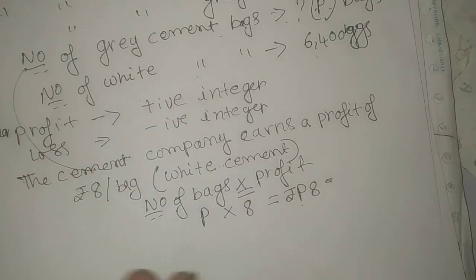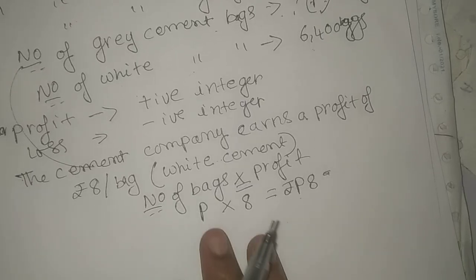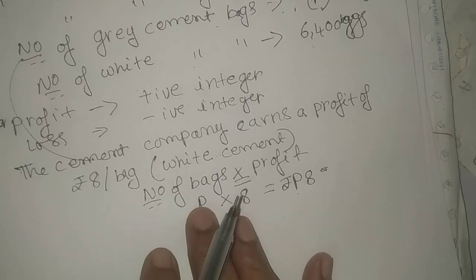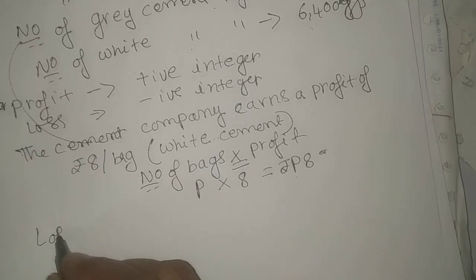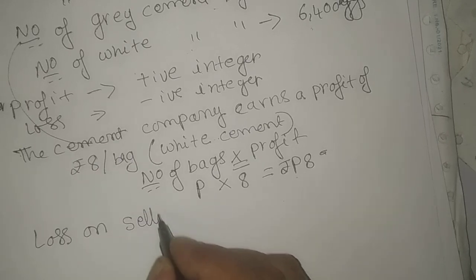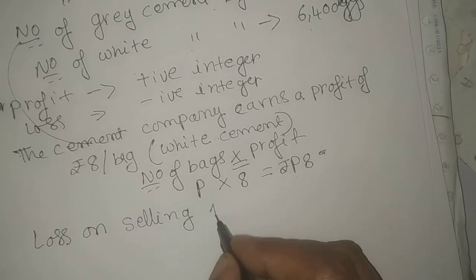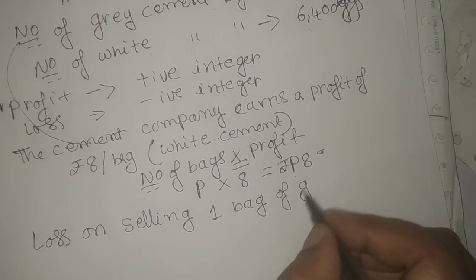So the loss in selling the bag we have written for the grey cement. So now we'll take the loss on selling one bag of grey cement.